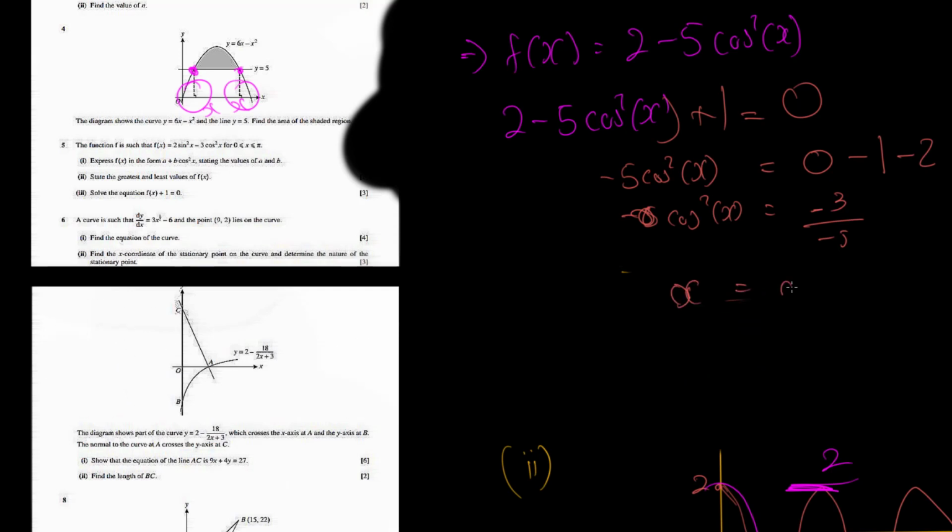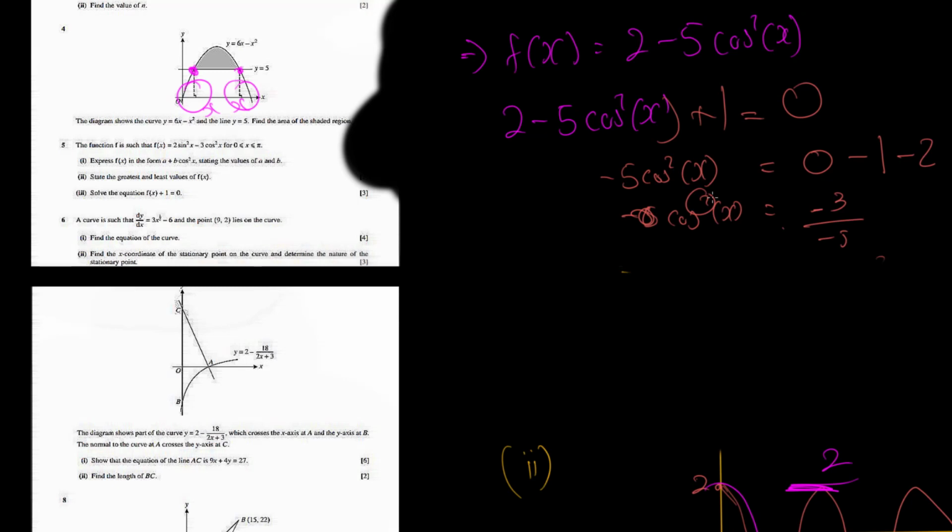Okay, and that is the value for cos square x, and that gives us the answer. My mistake. Again, silly mistakes are extremely common.